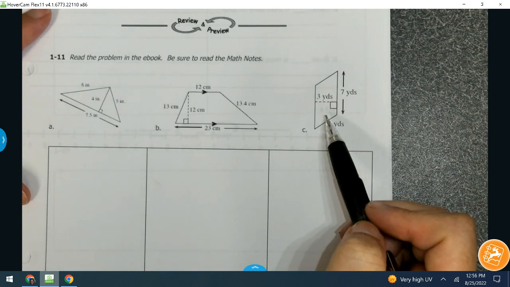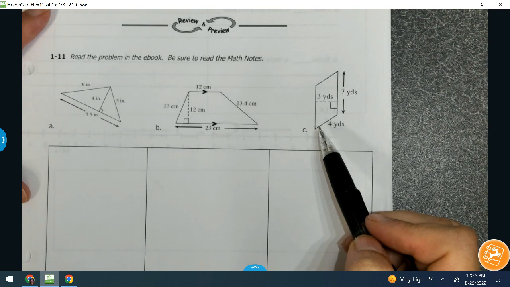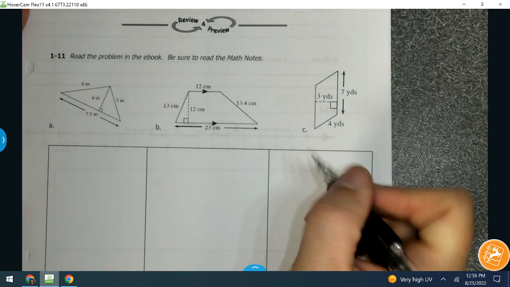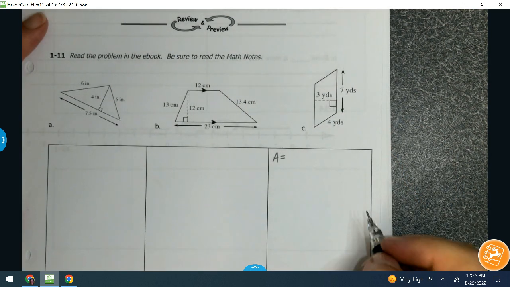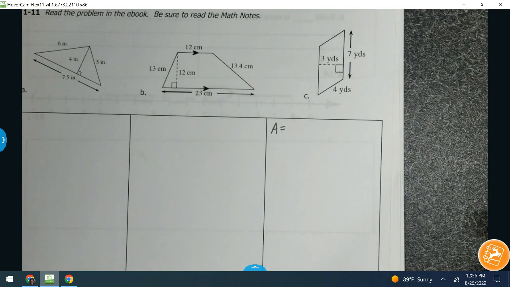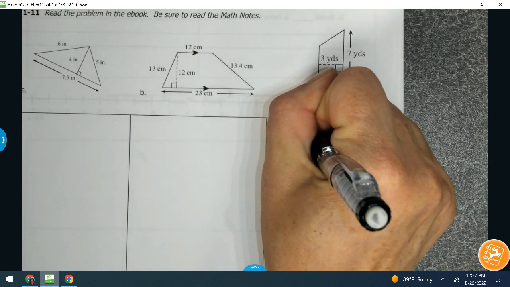And this shape, if you remember, is a parallelogram. I'm going to start this time with area, because that's what we were just talking about. So to find the area of a parallelogram, we're going to multiply the base times the height.